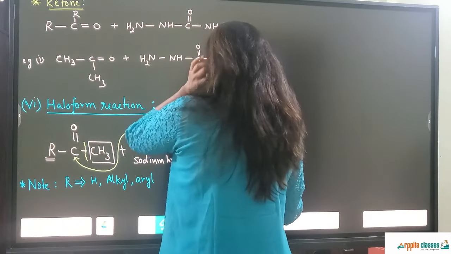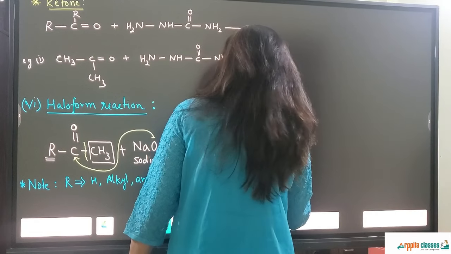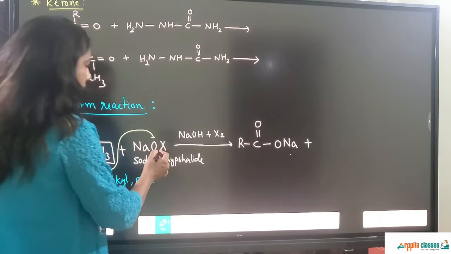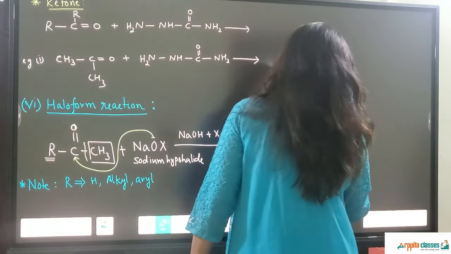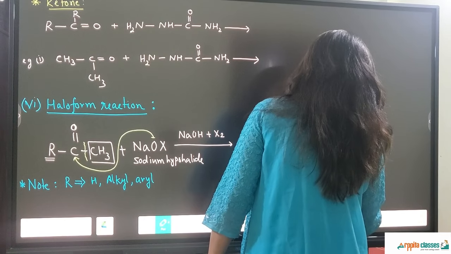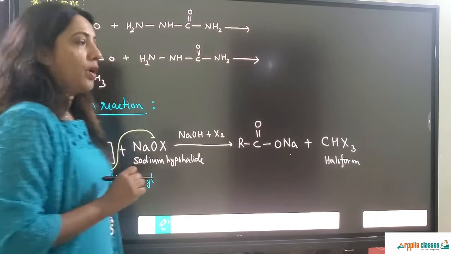So what we get is, see how it is happening. We are getting RC double bond O, the ONa part got attached to it, and this X part gets attached to the methyl group, and we get CHX3, which is our haloform. Okay. So now, what is happening?